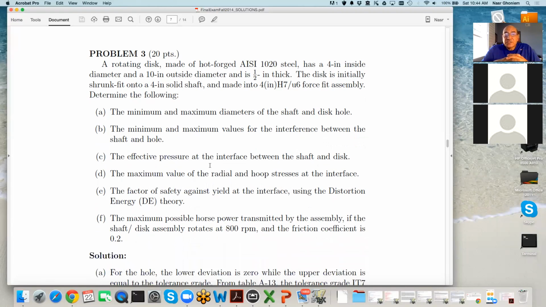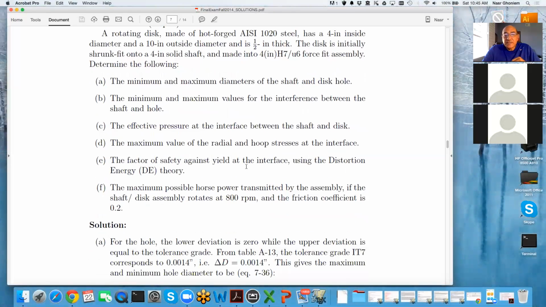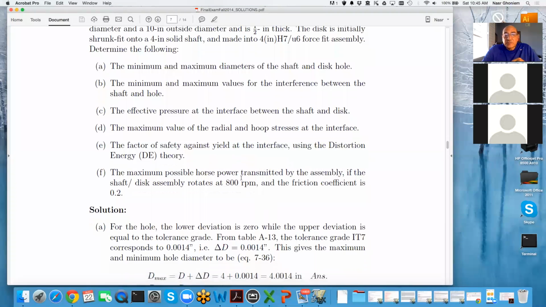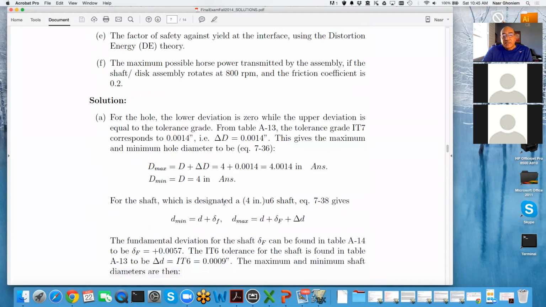We have formulas to determine the stress values. We can determine radial and hoop stresses at the interface, and the factor of safety using distortion energy. Then we determine the horsepower transmitted and the torque. All of these come from the internal pressure at the interface.